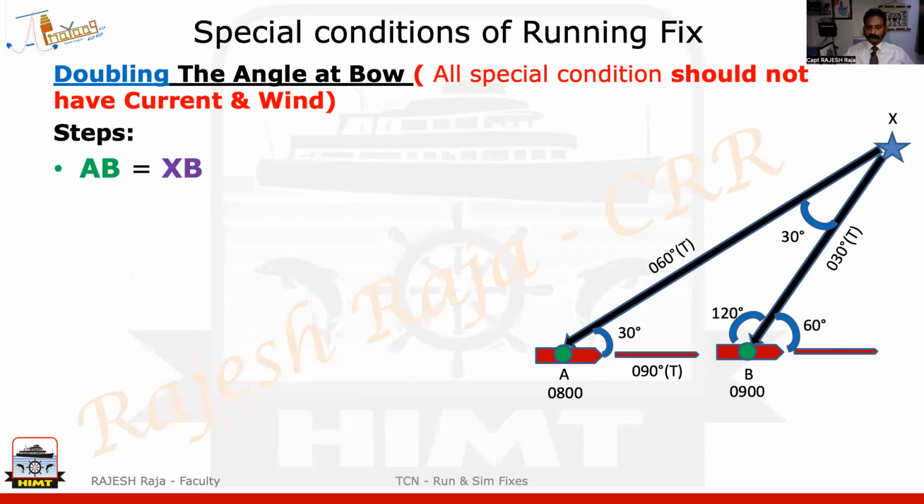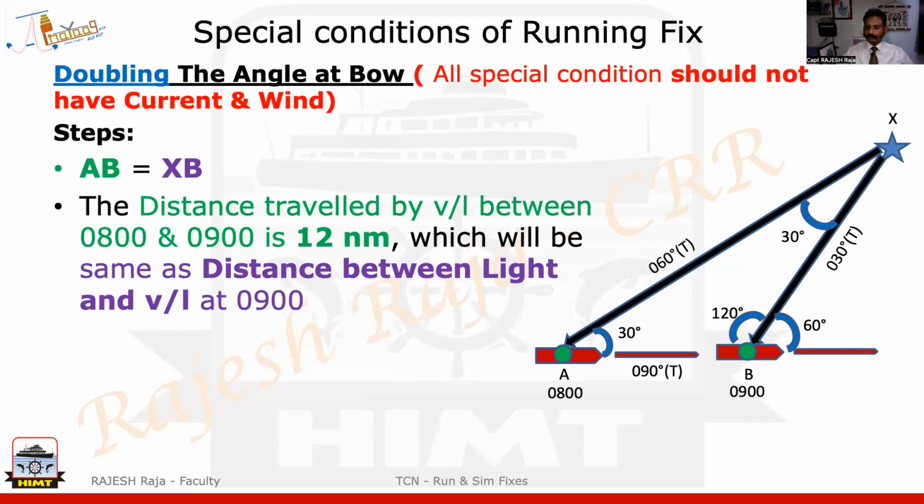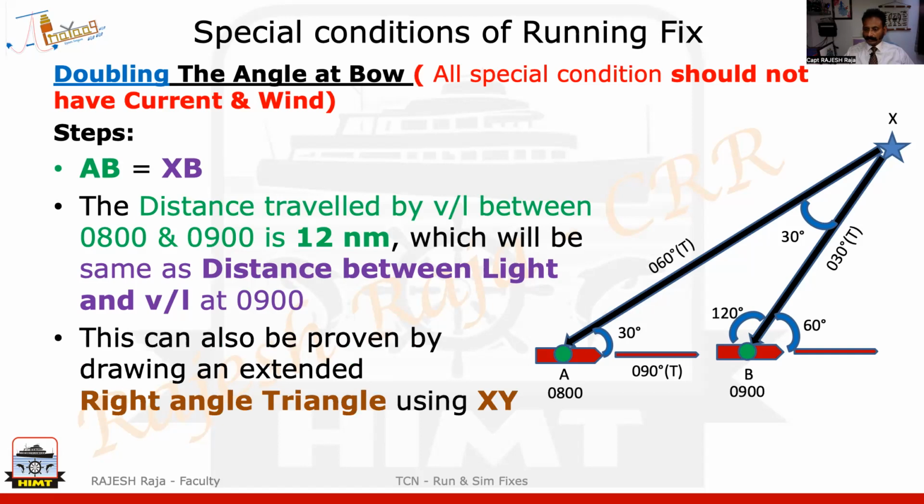Okay. So let us say the distance traveled in 1 hour was 12 nautical miles. So AB is equal to 12. Obviously, our XB is also going to be 12 nautical miles. And this particular relation can be proven by extending my course, which is your Alpha Bravo.